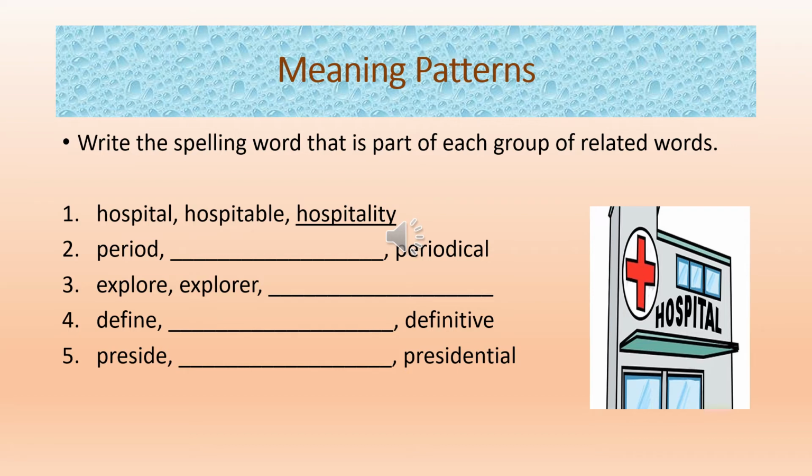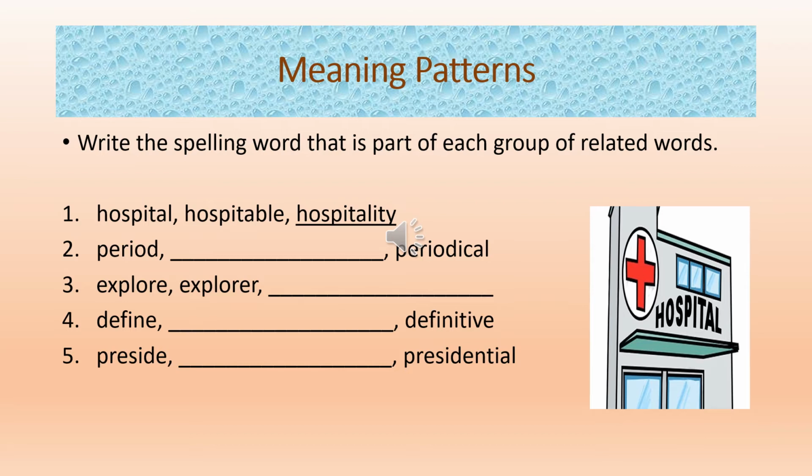Remember, spelling words are the 20 words that we have at the beginning of the lesson. So one of the 20 words is going to be the answer for number 1. And the same thing is going to happen to number 2 and to the rest of the exercise. Okay, so let's start with number 1. Hospital, hospitable, and hospitality.